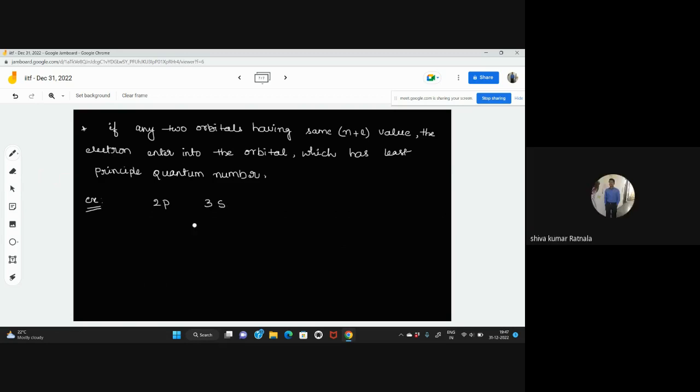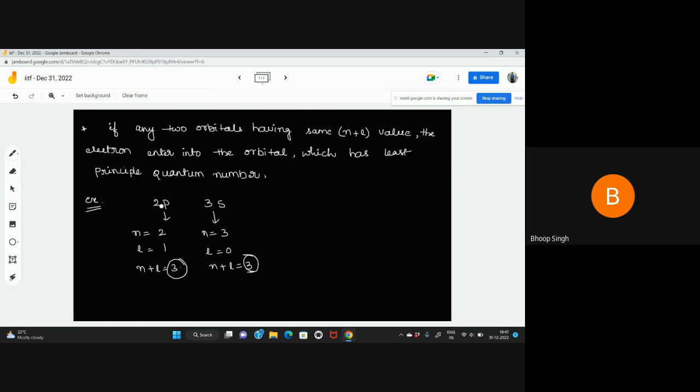2p and 3s: what is the n plus L value for these? For 2p, n is 2 and L value will be 1, so n plus L equals 3. For 3s, n is 3 and L is 0, so n plus L is 3. Now both have the same n plus L value.